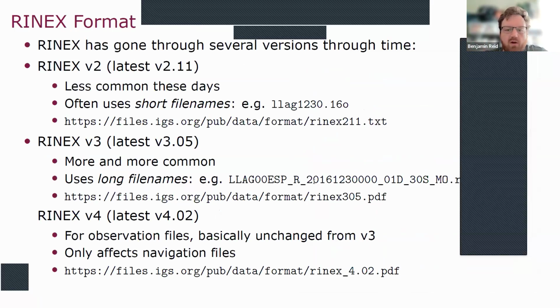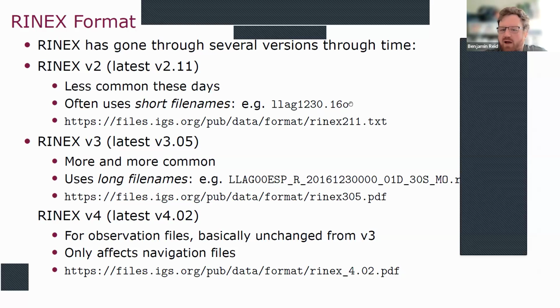So when you are downloading and looking at RINEX data, there are a lot of confusing things. There are different formats. RINEX version 2 was used for decades, it was what everyone used. It's becoming less and less common because it really only supports GPS and to a lesser extent GLONASS, and it really is not designed for all the constellations we have today.